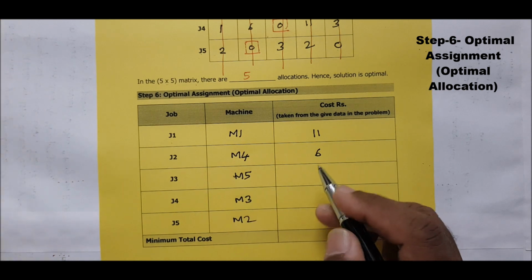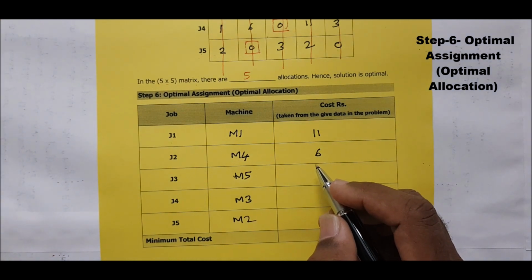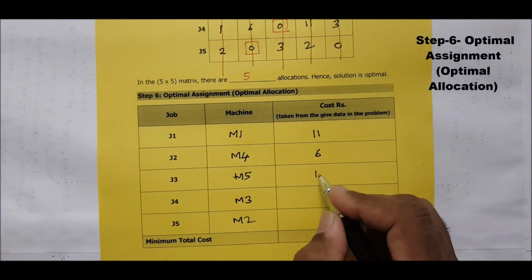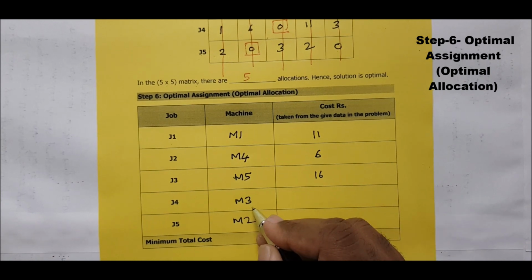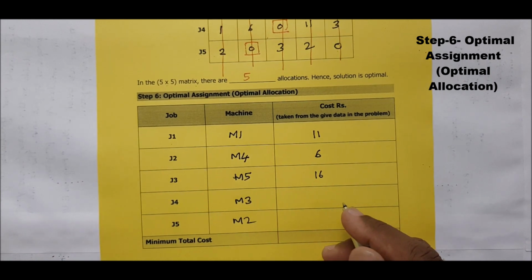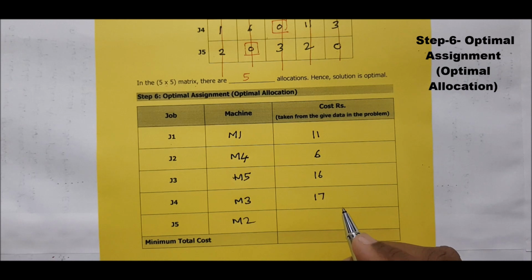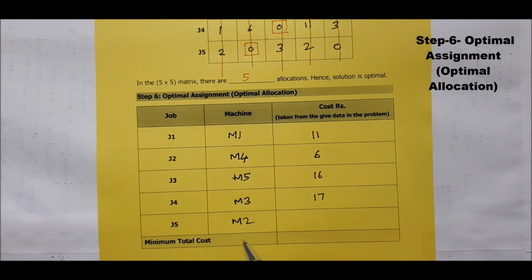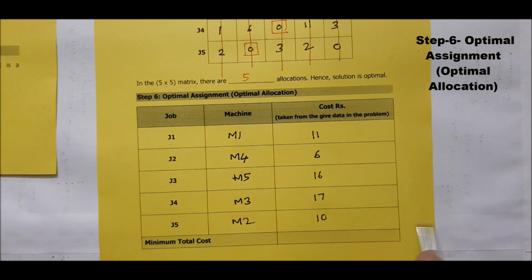Job 3 to machine 5 will be 16. Job 4 to machine 3 will be 17. And job 5 to machine 2 will be 10. So these will be the costs.